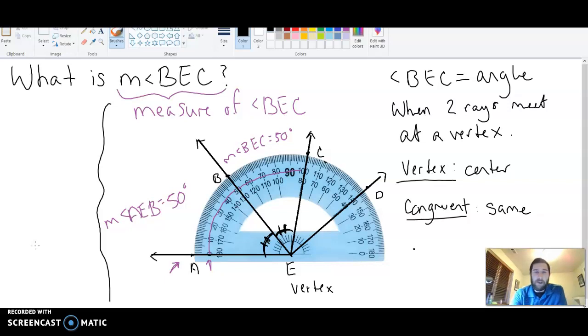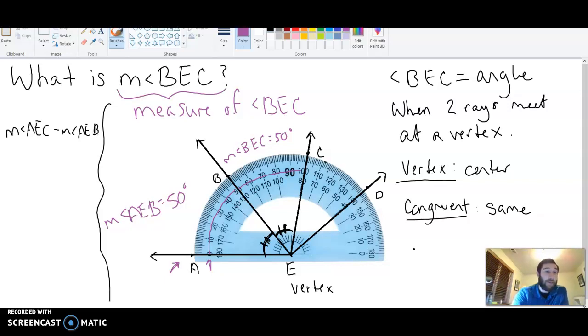So we want to know the difference between AEC, so we want to know the measure of AEC minus the measure of AEB. By taking the difference of those measurements, we're going to find the measure of BEC. And so we know, because we're able to count, that AEB is our 50 degrees.